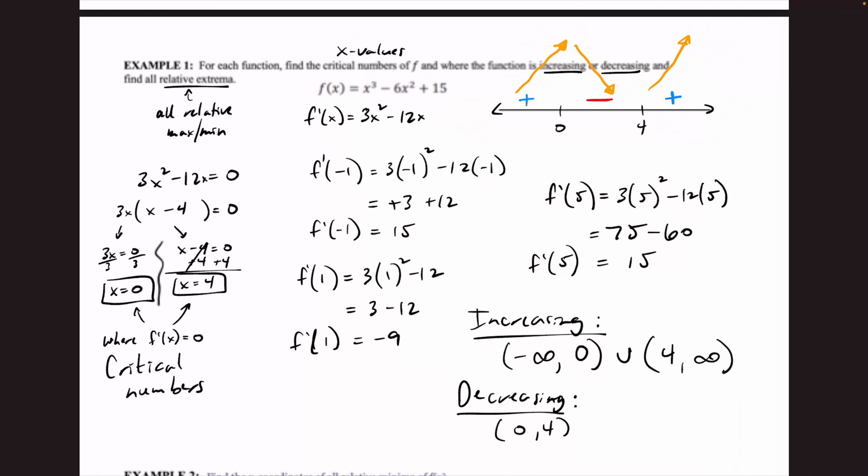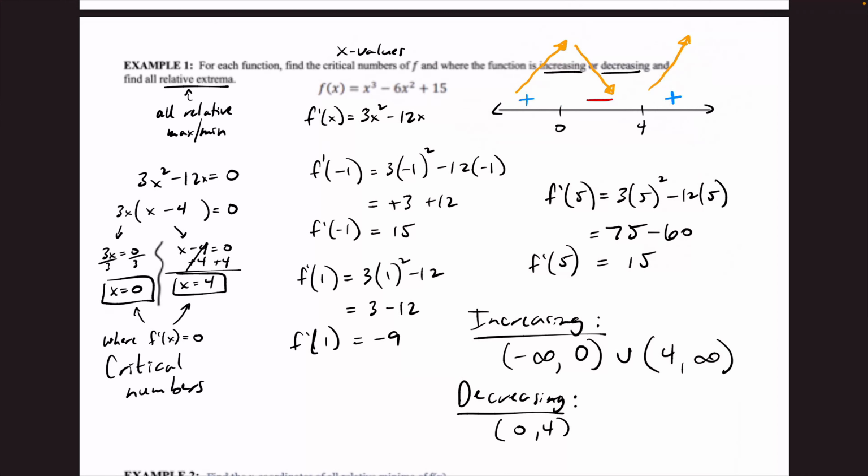If we have critical values. At the critical values, right? So 0 and 4. Is 0 a relative maximum or relative minimum? Look at the arrows, right? Going up, coming down. That creates a maximum.